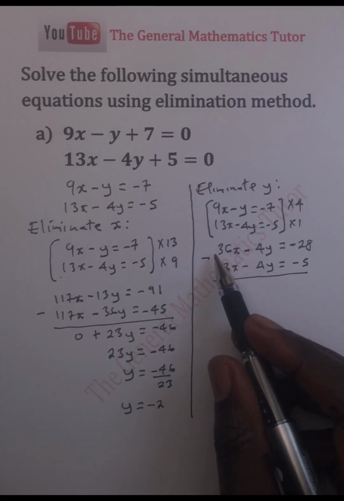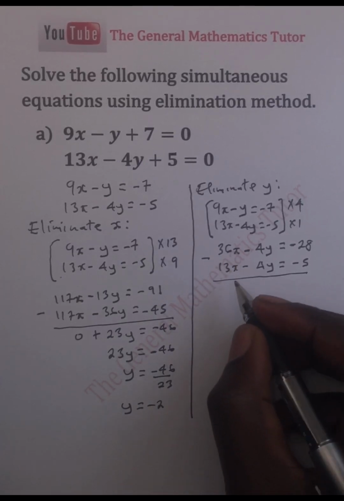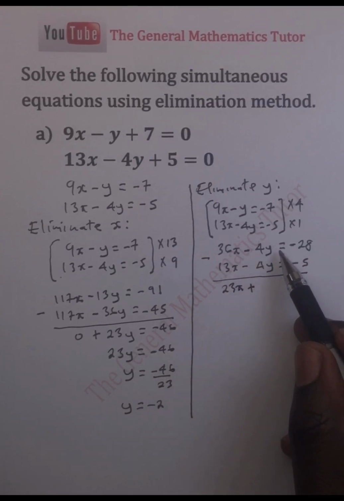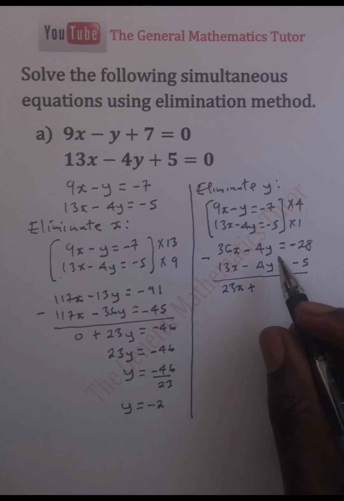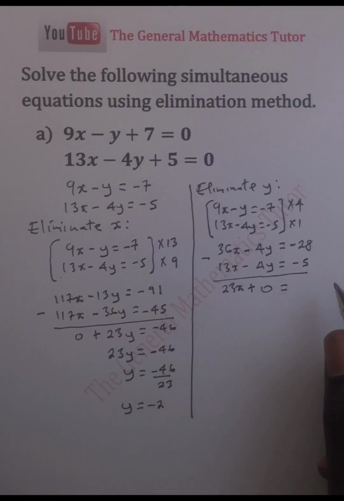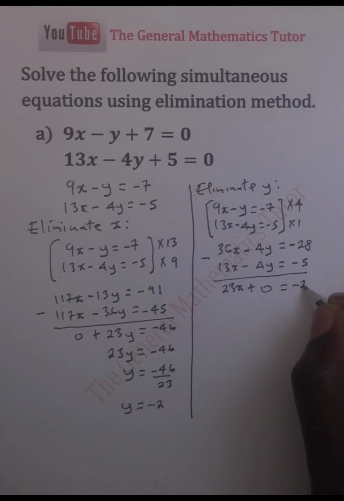So now that the coefficients of y are the same, we can eliminate y by subtracting the two equations. So we're going to have 36 minus 13, which will be 23x, plus minus 4y minus 4y is the same as minus 4y plus 4y, which is 0, is equal to minus 28 minus 5 is the same as minus 23.